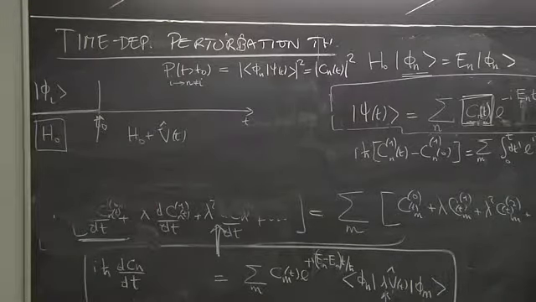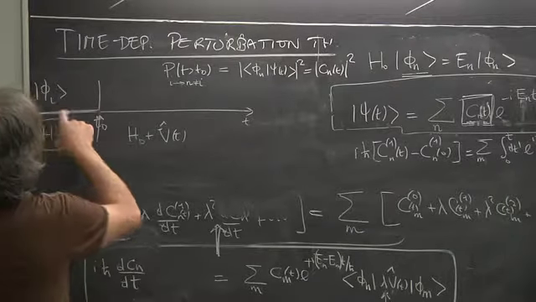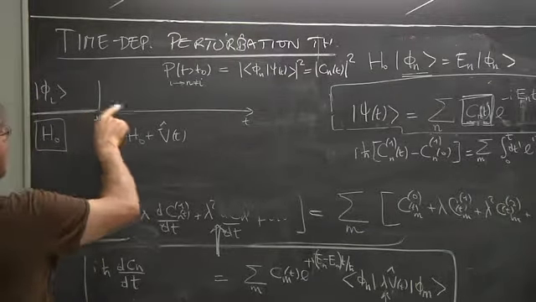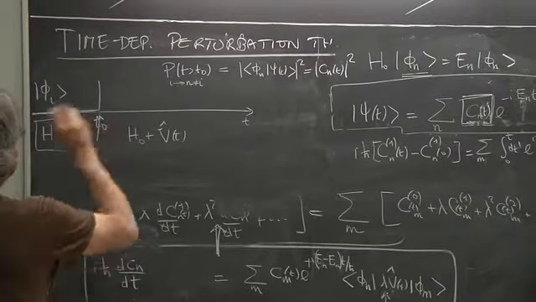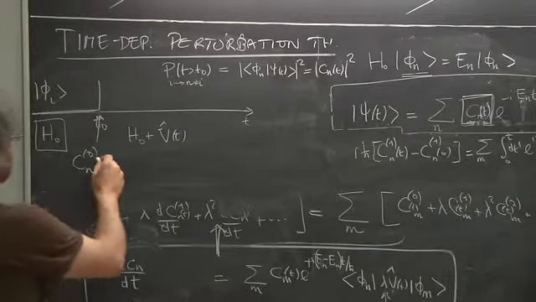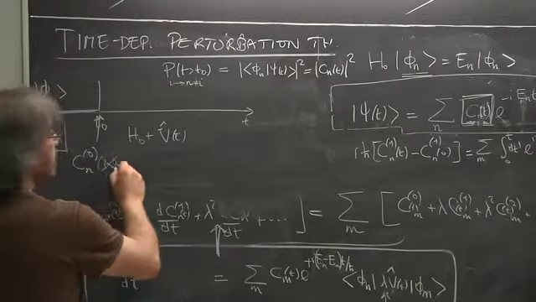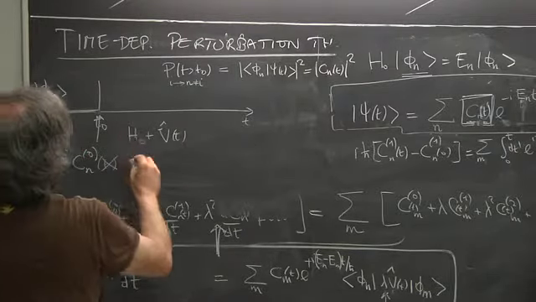Now let us do it in practice. For instance, with this choice, I know what the C0n are. They must be independent of t. Remember, they do not depend on t. But how much are they here?